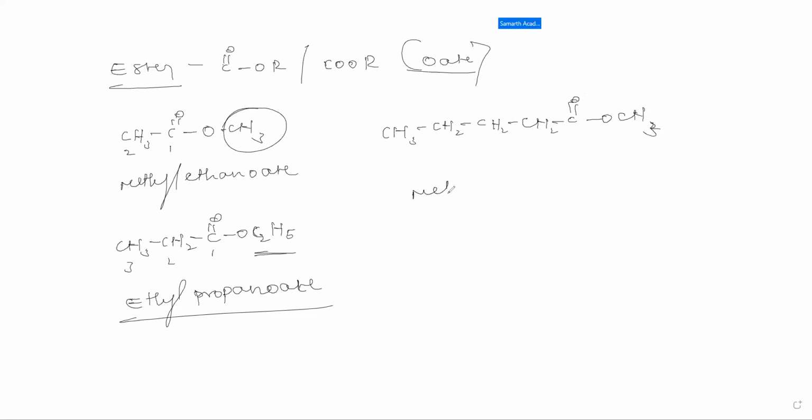This is methyl, 1, 2, 3, 4, 5, pentanoate. Okay, so methyl pentanoate. This is esters.